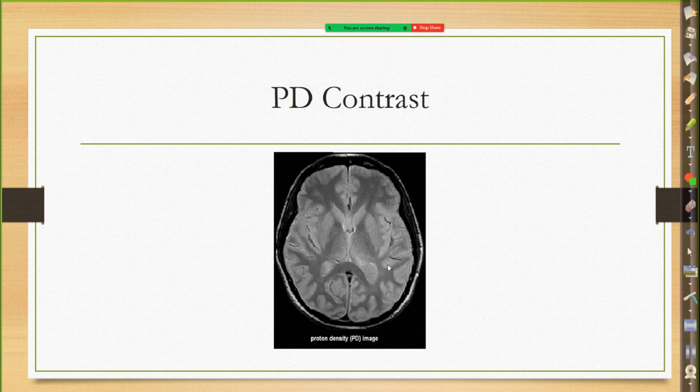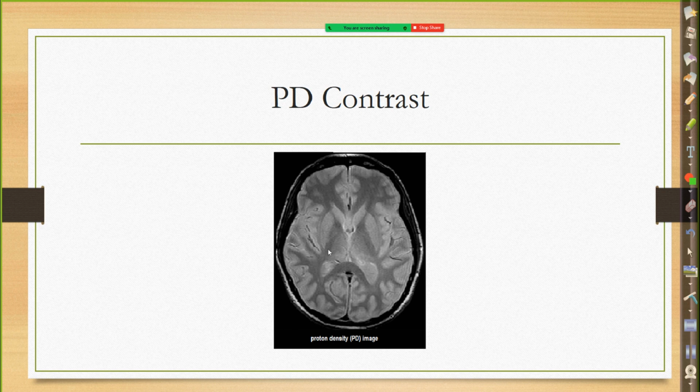But between the white and the gray matter, which do you think has more hydrogen spins in it from this image? The white or the gray matter? White. Okay, so the white matter is the one near the ventricles. Is that darker or brighter, though? So that's kind of a trick question, right? Because you'd think white matter is going to be white, brighter, but it's actually reverse.